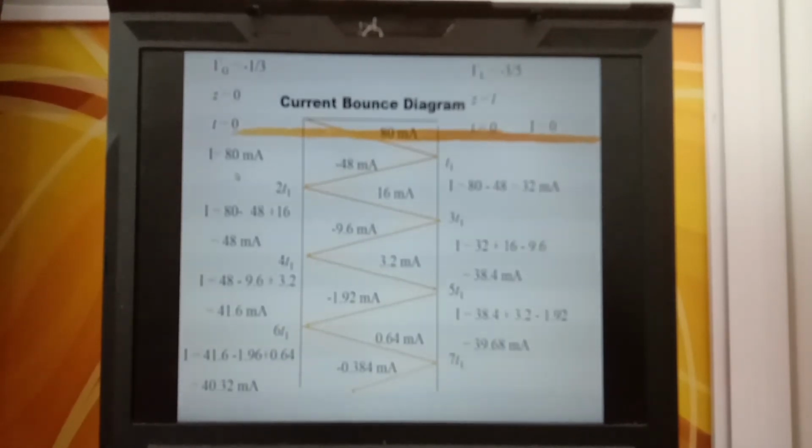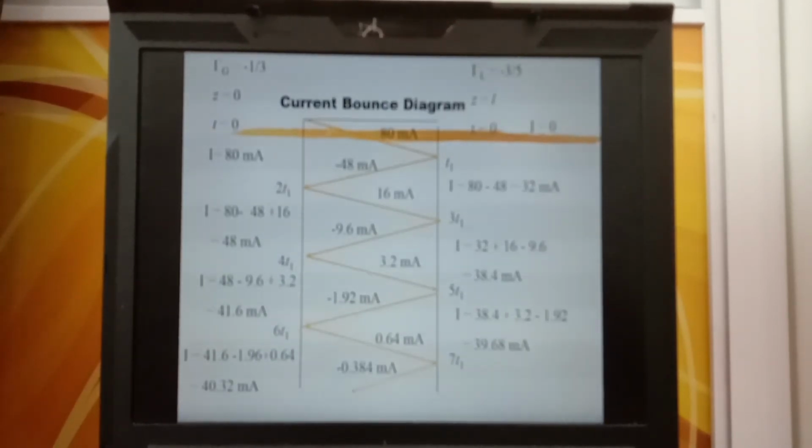So that gives us a current at the source end, initially 80 milliamp, and at time 2t1, because of the reflected current and the current that is re-reflected, which is 16 milliamp, we have a total current of 80 plus negative 48 plus 16. That gives us 48 milliamp.